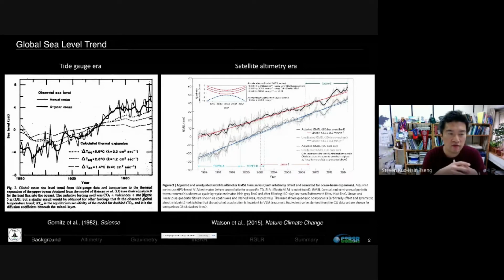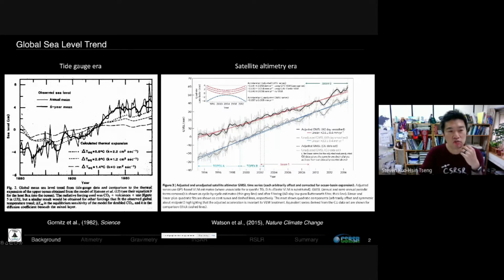Except for the diurnal tidal variation, like lunar tide and solar tide, to smooth out all this high frequency signal, we can see a moving average, for example, the annual mean and the 5-year mean of observed sea level. In the history, we can see that the sea level gradually rises; in about 100 years, it rises about 8 centimeters.